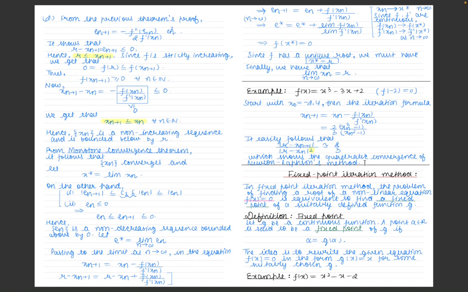So in the fixed point iteration method, the problem of finding a root of a non-linear equation f(x) equal to 0 is equivalent to finding a fixed point of some other non-linear equation.